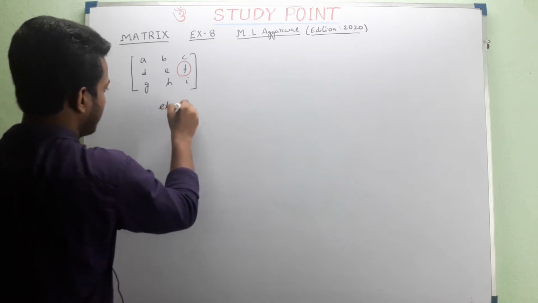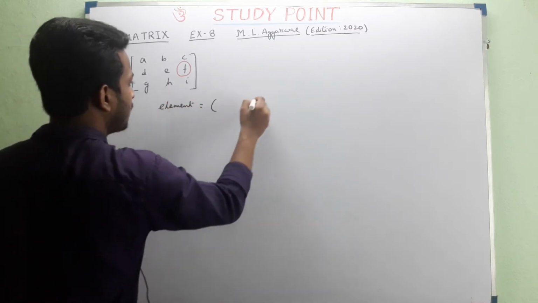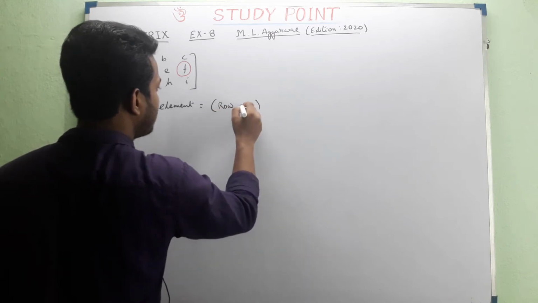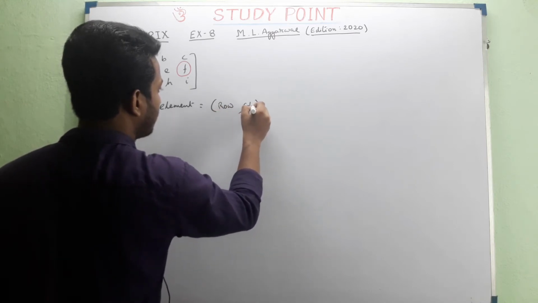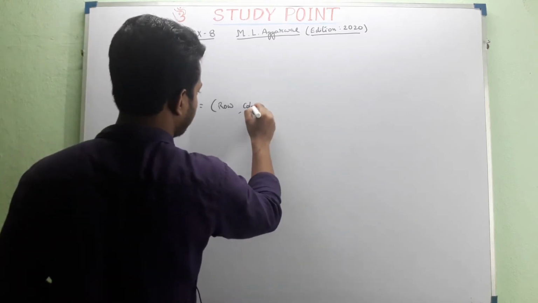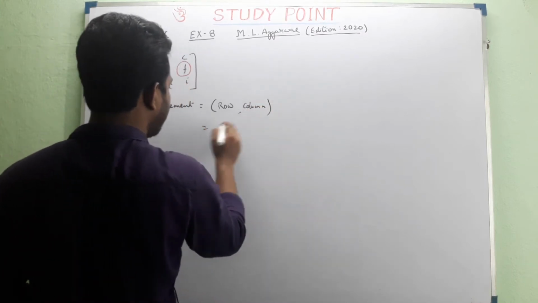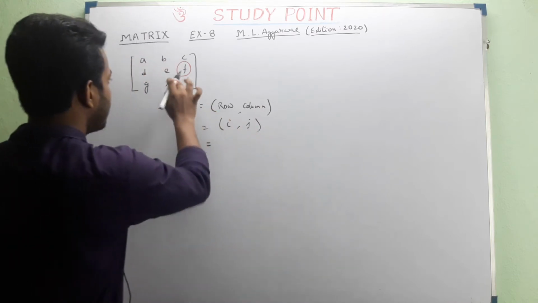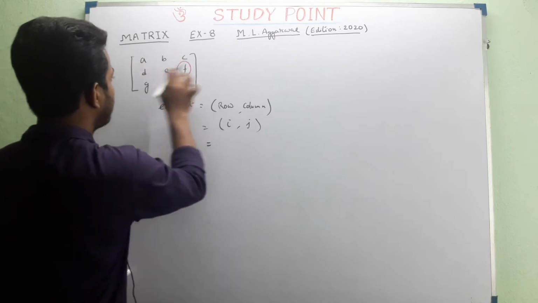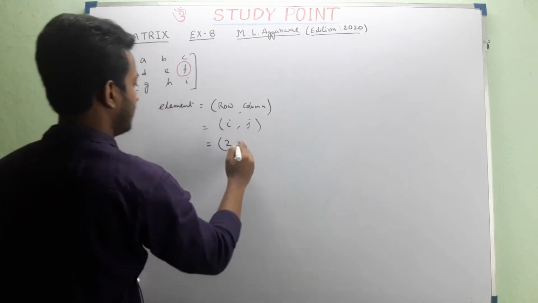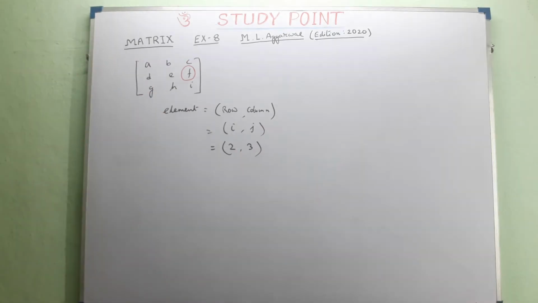To denote the position, first we have to write the number of the row and then the number of the column. The number of row is basically denoted by i and the column by j. So here the row number is 1, 2. It is in the second row, and first, second, third, it is in the third column.